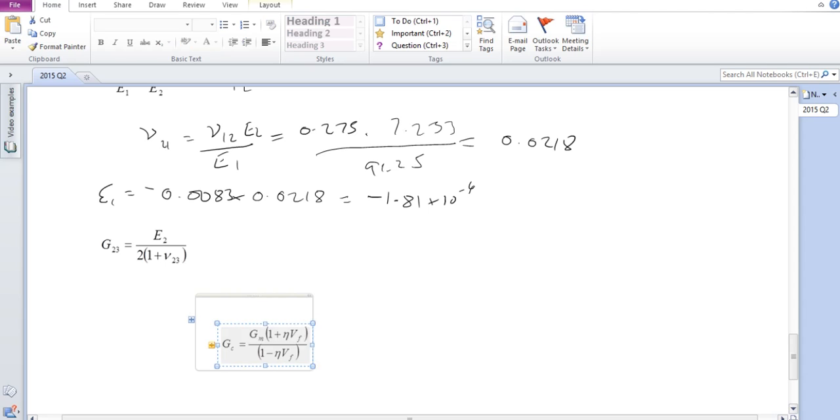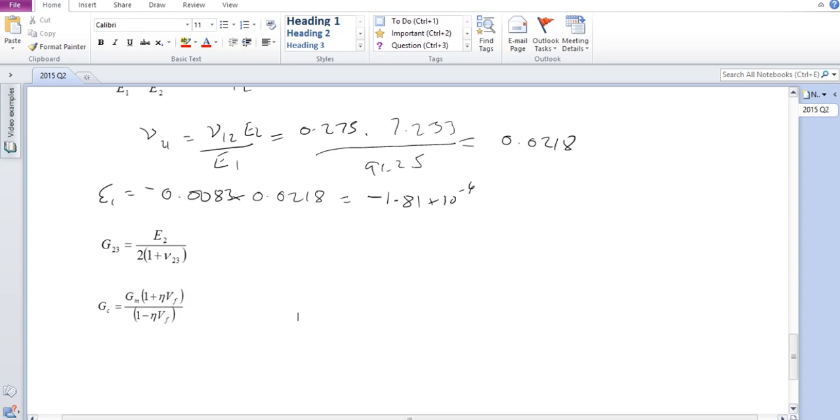What we can have here, in this case, the value of eta for the shear modulus comes out to be 0.9763. Therefore, the value of G comes out to be 2.617 gigapascals.